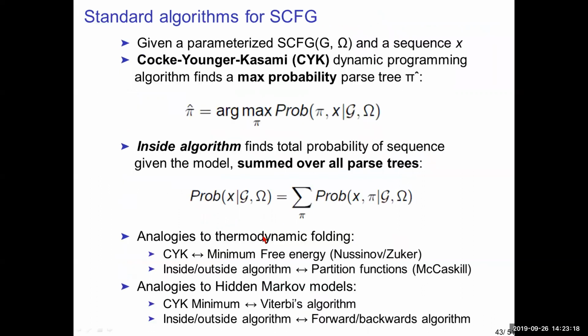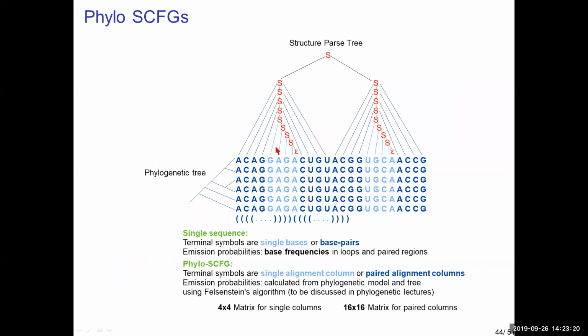So these allow you to now express not just a single sequence, but the alignment of a sequence across multiple species using these production rules. And why is that helpful? Because if you look across species, there's a lot of conservation of structure, even though you may not conserve the primary sequence.